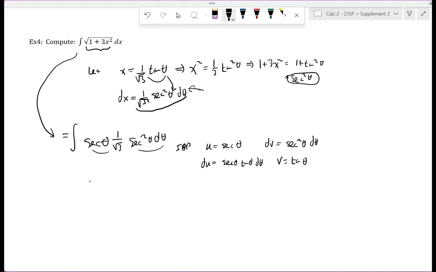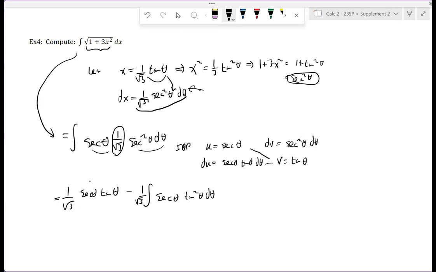Okay, so in our integration, we have the 1 over root 3 that will carry along with everything. So our integration by parts says that this is going to be uv minus the integral v du. So that's going to be secant theta tangent squared theta d theta.